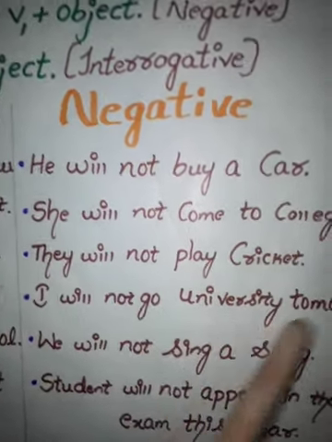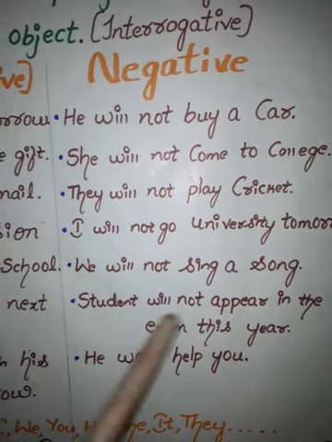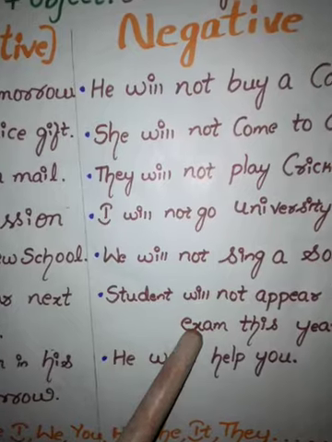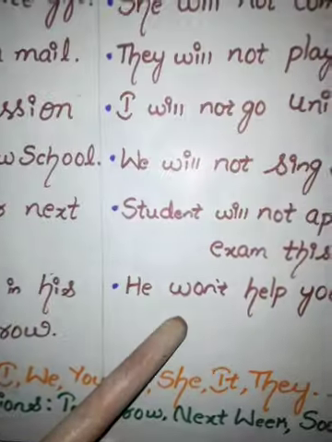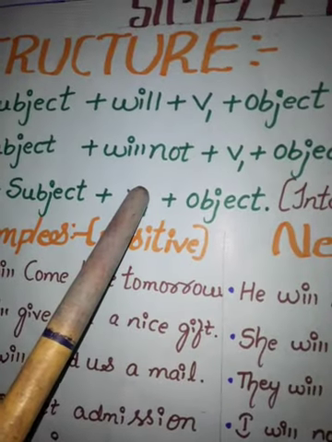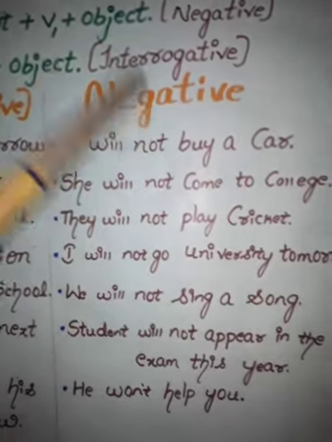I will not go to university tomorrow. We will not sing a song. Students will not appear in the exam this year. He won't help you. Won't is the contracted form of will not. So this is the structure and examples of a negative sentence in simple future tense.